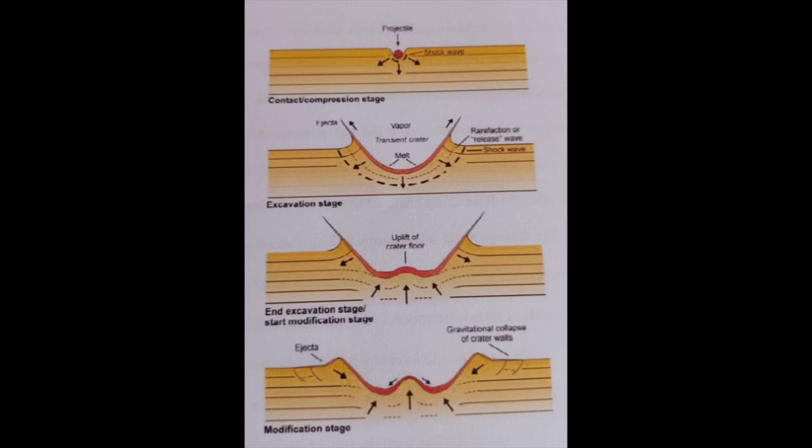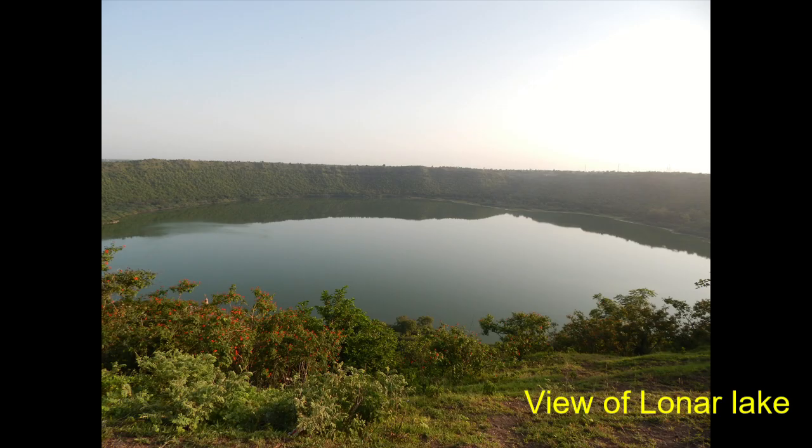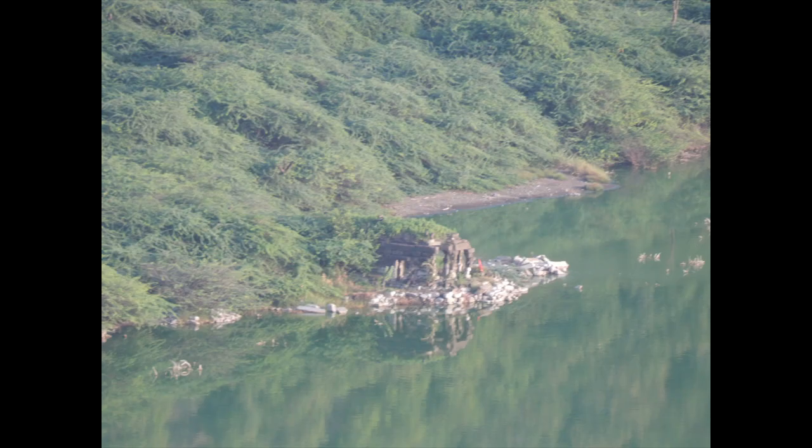And the third photo shows how this impact crater is formed, when an impact takes place on basaltic rock, how the meteor hits, goes inside and creates a structure like a lake with an ejecta blanket. That is what I have shown. Then I have given quite a good number of photos of this lake. Now I will tell you what the things are.